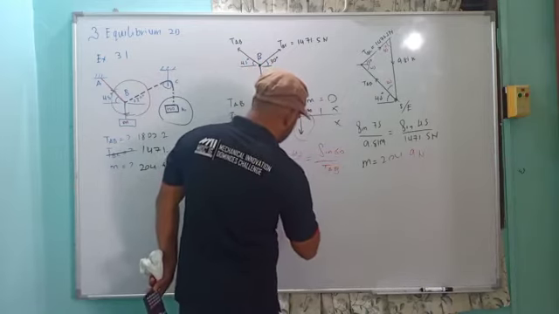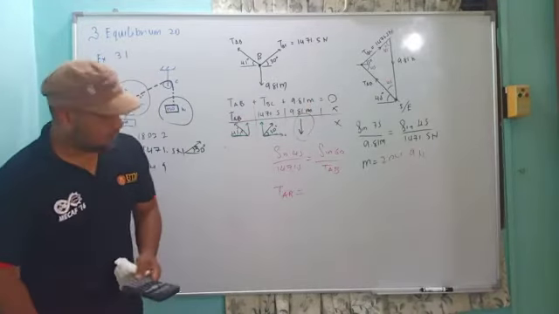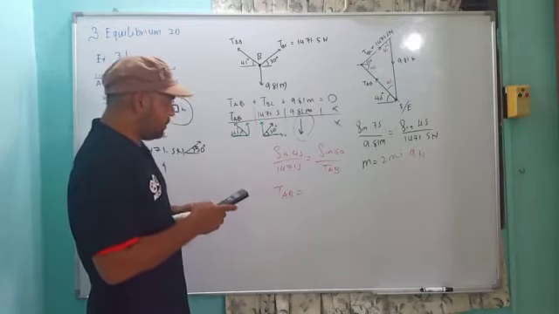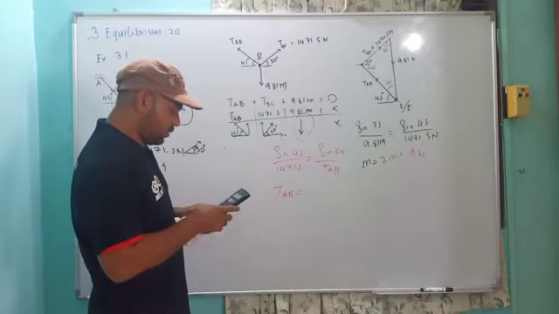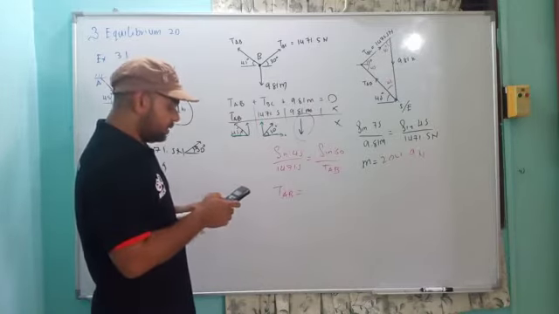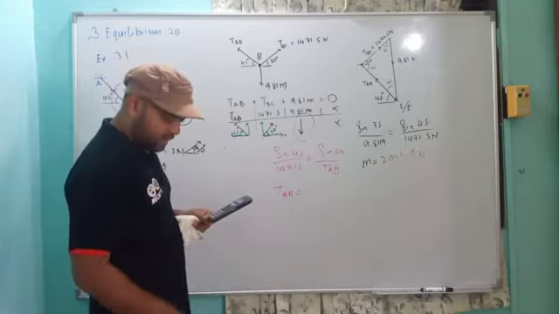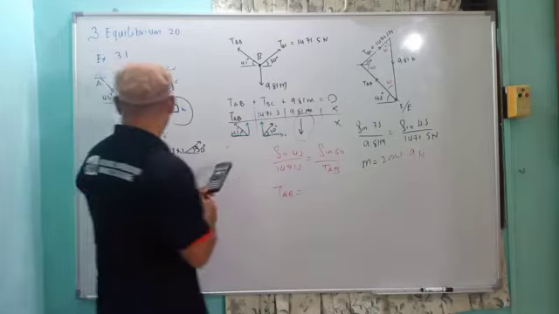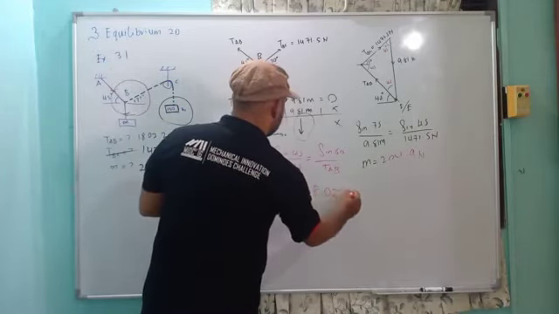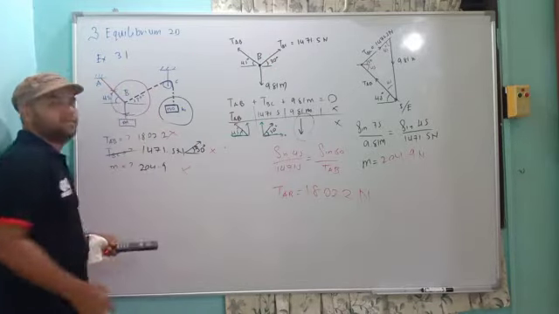So TAB is equal to sine 45 divided by 1471.5, then sine 60 divided by the answer, equal to 1802.2. You have the same answer here.